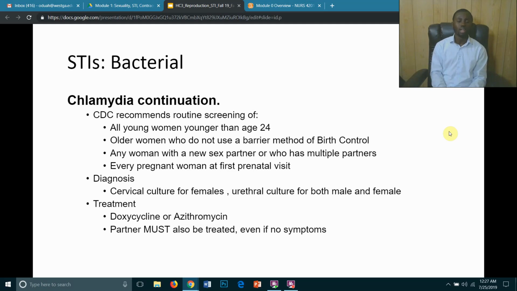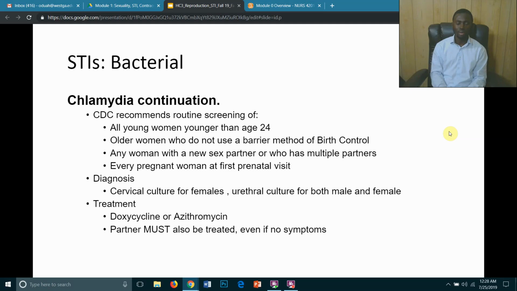Treatment of chlamydia includes the use of azithromycin or Zithromax, 1 gram orally in a single dose, or doxycycline or Monodox or Doxycaps, 100 milligrams orally twice a day for 7 days.